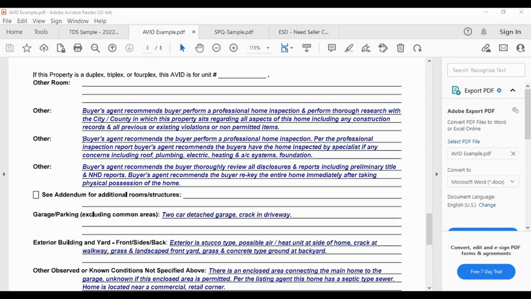Okay. I also tell them buyer's agent recommends the buyer perform a professional home inspection, of course. Per the inspection report, I recommend that the buyer have the home inspected by specialists if there's any concerns, including roof, plumbing, electric, heating, AC systems, foundation.